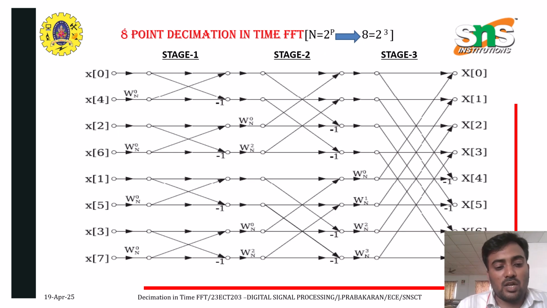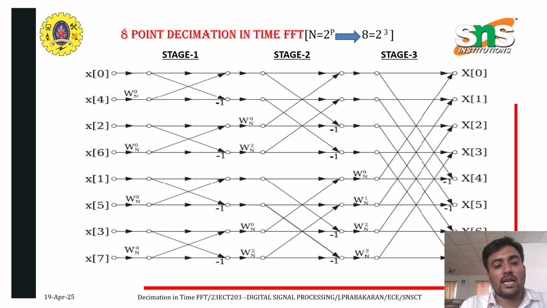This is the flow diagram for the 8-point decimation in time algorithm. N equals 2 power p, where N is the length of the sample, which is equal to 8. 8 equals 2 power 3, so the number of stages is 3. Here you have to map the bit reversed input order.